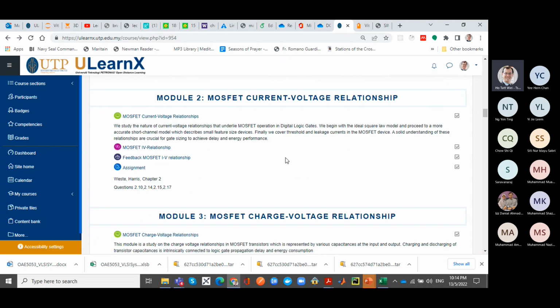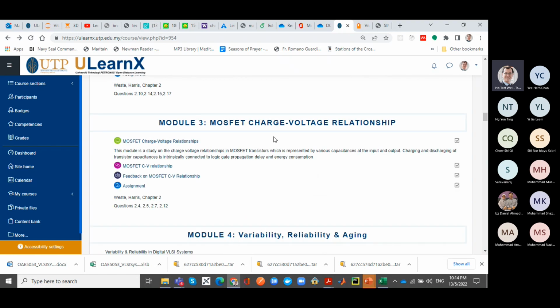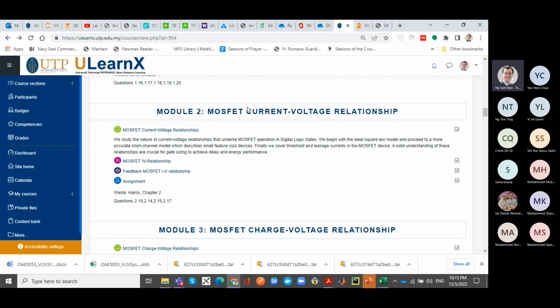The second reason why you're learning this is to address the variability. So there'll be some equations in the West textbook that actually show you a sensitivity analysis. If the threshold voltage is changed by 5%, for instance, how does that change the drive current, the current of the MOSFET? And current of the MOSFET is linearly proportional to delay time. So from that process directly, you can estimate the effect of changes in the physical parameters of the transistor, the length of the transistor, let's say there's a slight variation in that, or the threshold voltage.